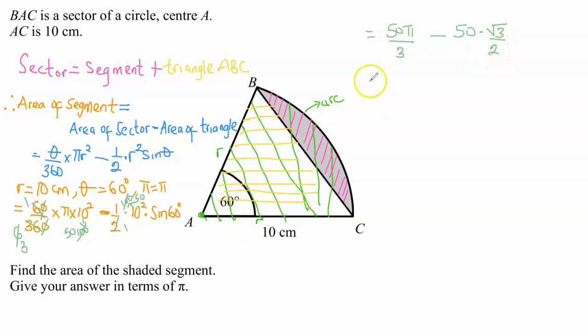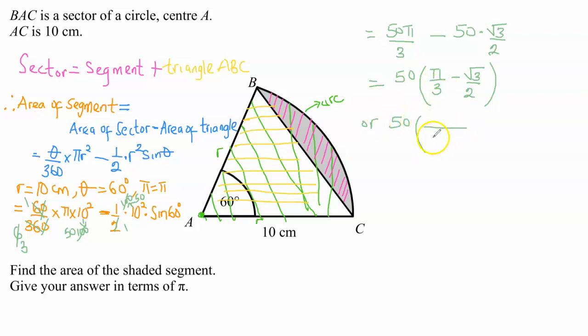Okay, so 50 is common here, so I can just decide to factor out 50, and I'm going to be left with pi over 3 minus root 3 over 2. So I can leave my answer in this form, or I could just take the LCM of the denominators.